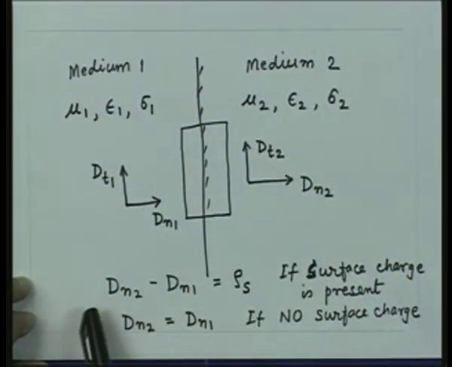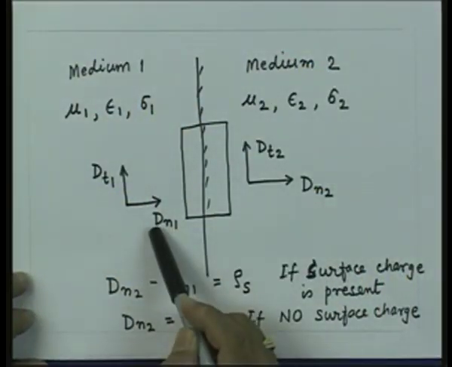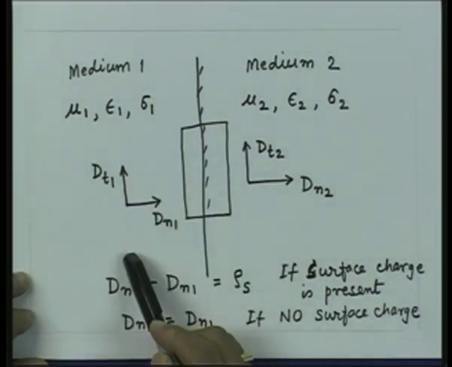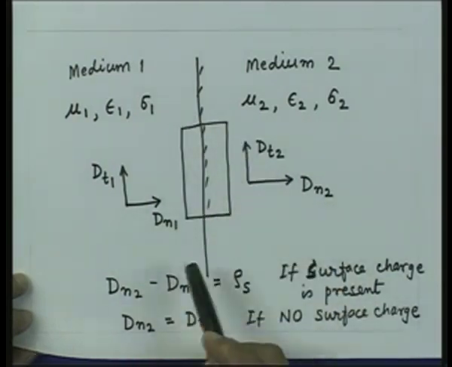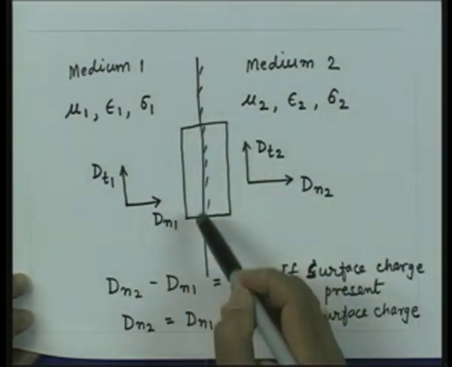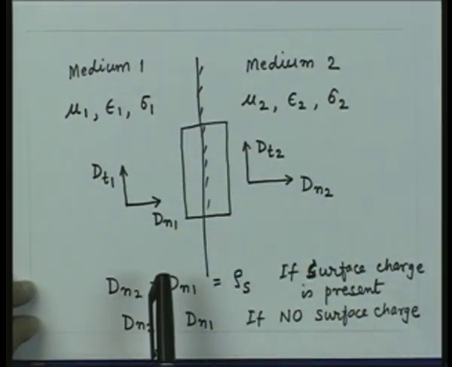So, we have a boundary condition on the normal component of the displacement vector. The same thing we can do for the magnetic flux density also. We can take again the same box like this, and instead of the displacement vector we can have the magnetic flux density, which is B, and since we do not have free charges, there is nothing like surface charge for the magnetic fields.